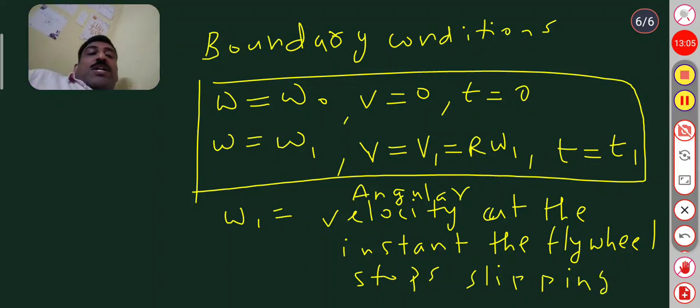So it is the angular velocity at the moment when it stops slipping.